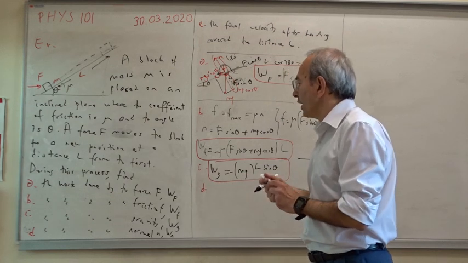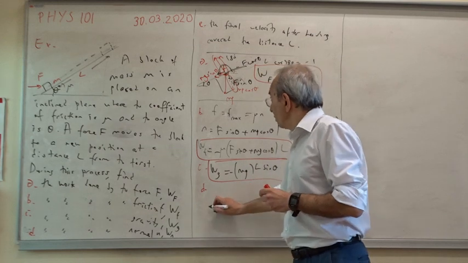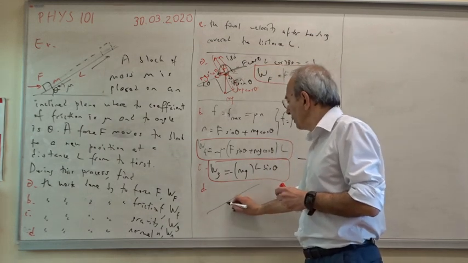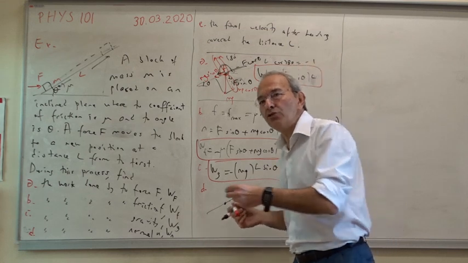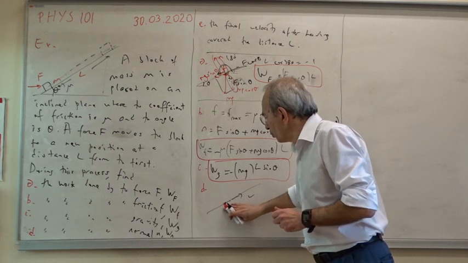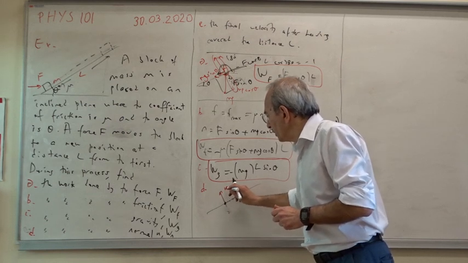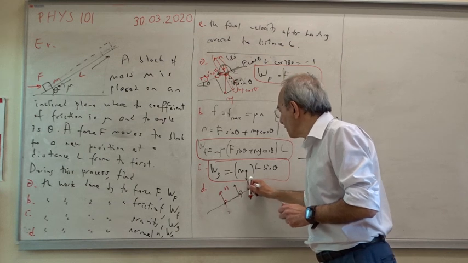Part D, work done by normal force. What can it be? This is the plane. The object is here. The object is moving along the distance L. But during all the motion, normal force is acting perpendicularly. When it comes here, perpendicular. When it comes there, perpendicular.